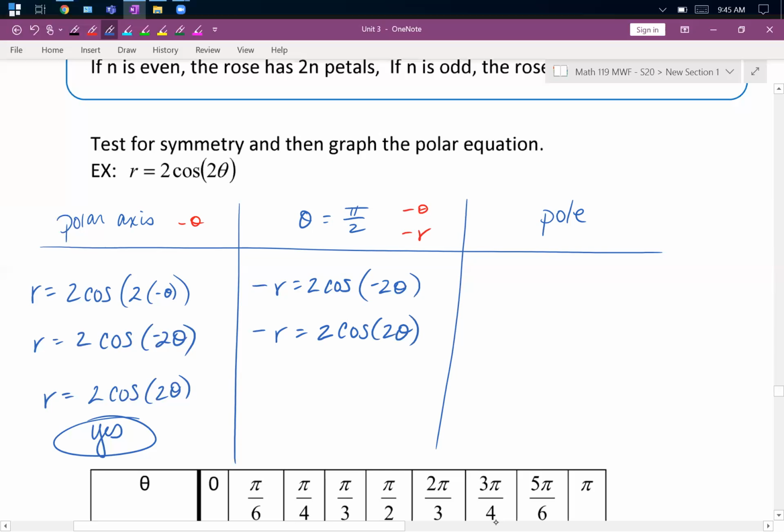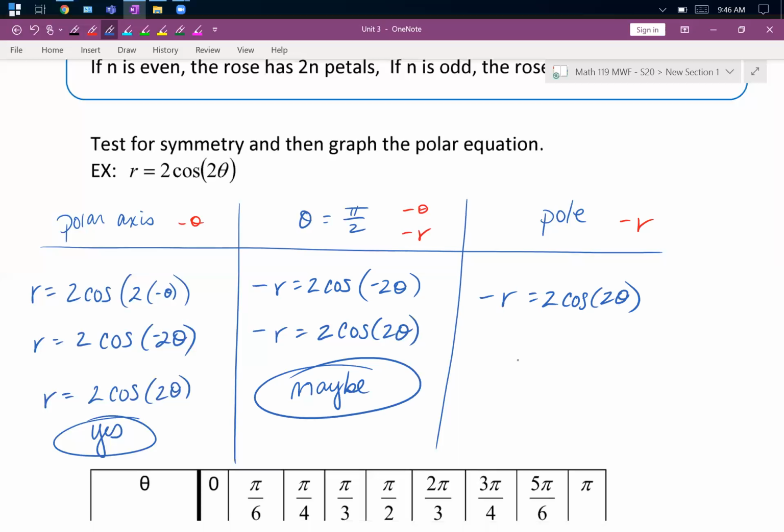We could divide every term by -1, but that's not going to give us the original, so this is just a maybe. And then lastly, the pole, we're just replacing r with -r. And as we saw on the previous test, this does not turn into our original even when we try dividing by -1. So this is also a maybe.